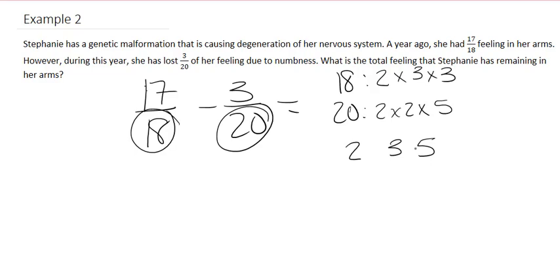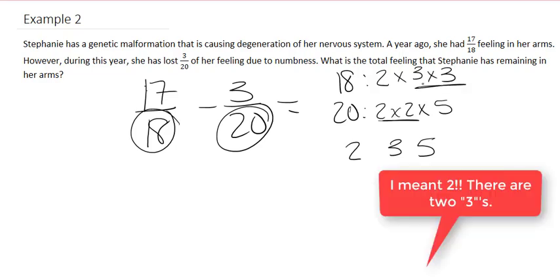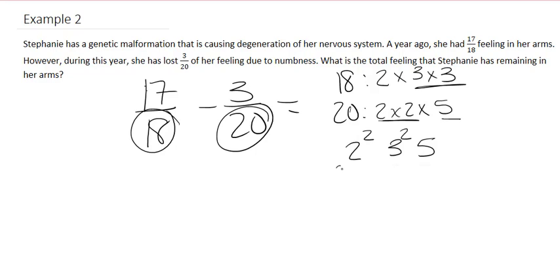So let us see what the largest exponent is for each one. We notice the largest exponent for 2 is 2, and the largest exponent for 3 is 2. So we will have 2 squared and 3 squared. And we only have one 5, so we'll just keep it as 5. So this means we have 2 times 2 times 3 times 3 times 5.